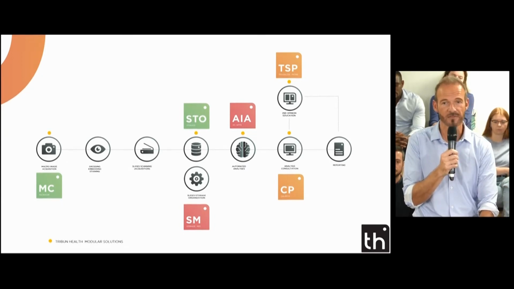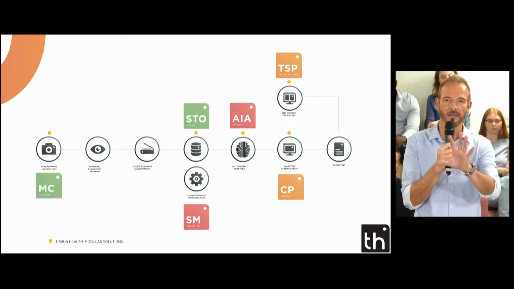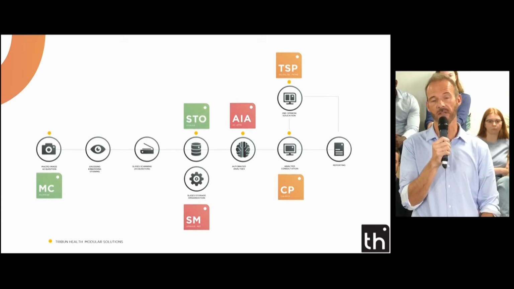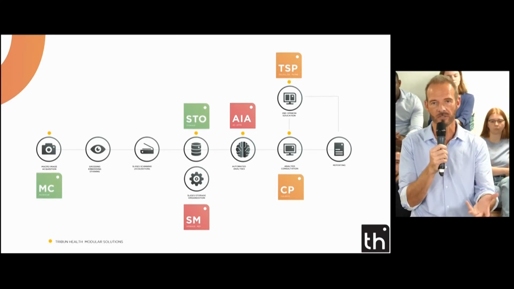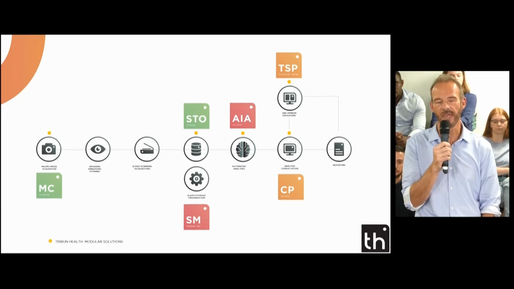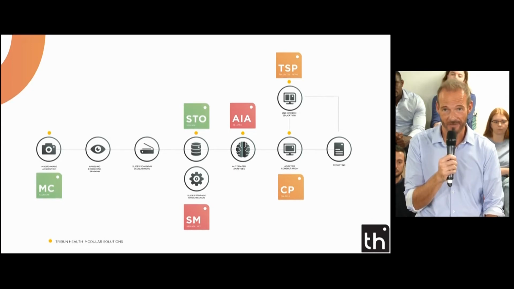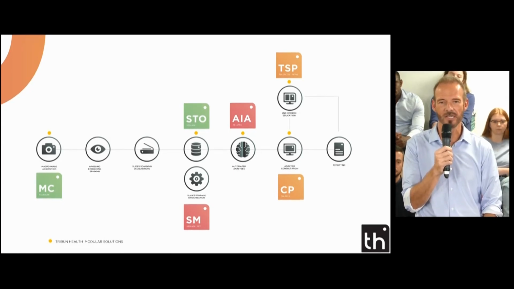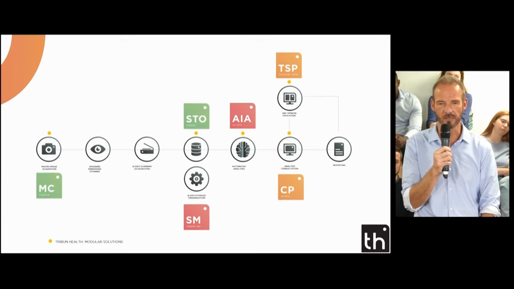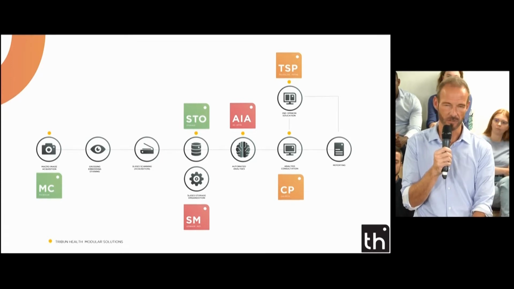AIA, which stands for AI applications. TSP, which stands for Teleslide Pathology, which is the second opinion module of the suite, allowing for that function to happen seamlessly within, last but not least, CaloPix 5. It's announced today, which is the core of the suite of the platform. And you will learn a lot more about CaloPix over the next few minutes as well.